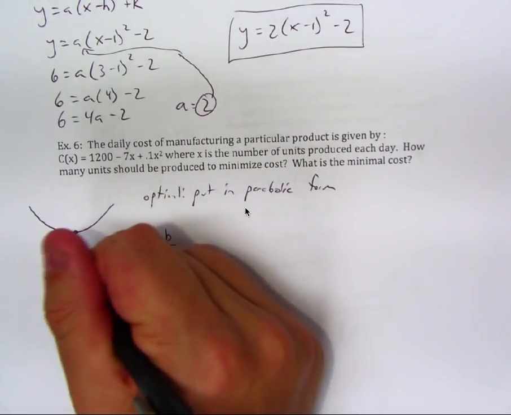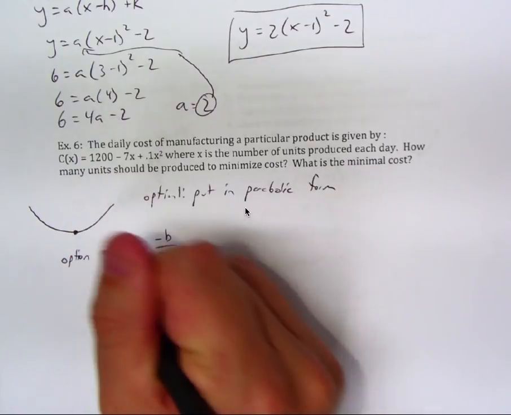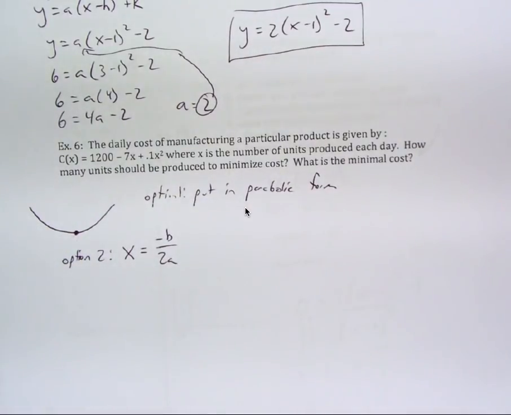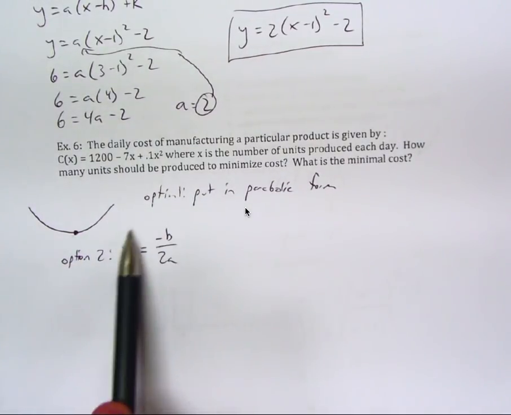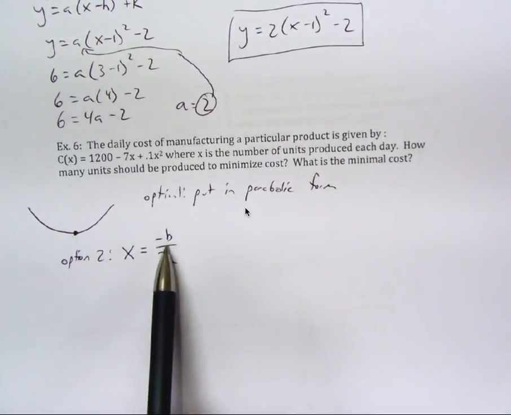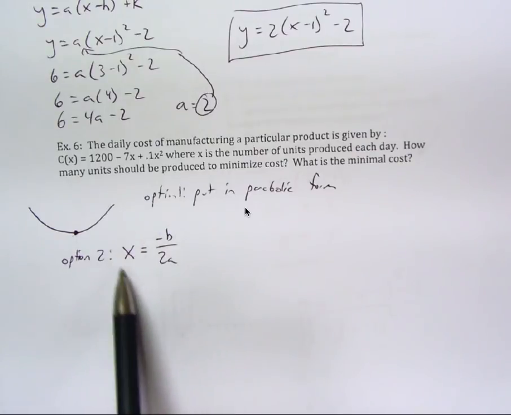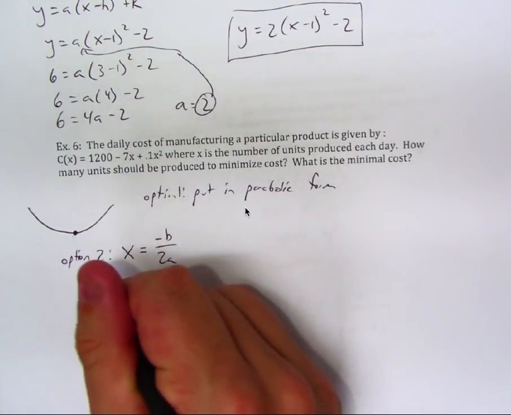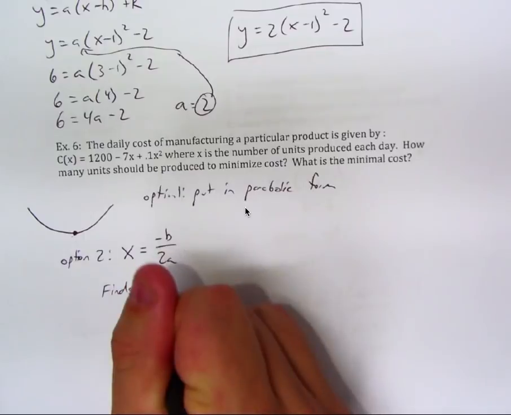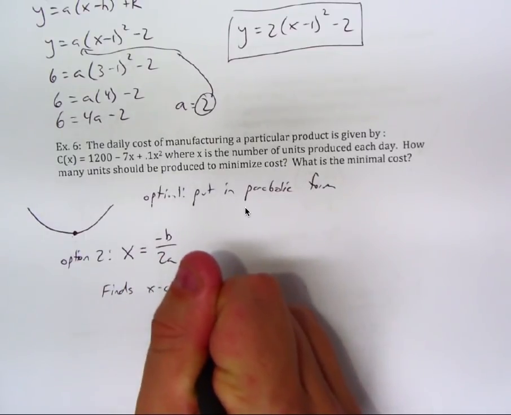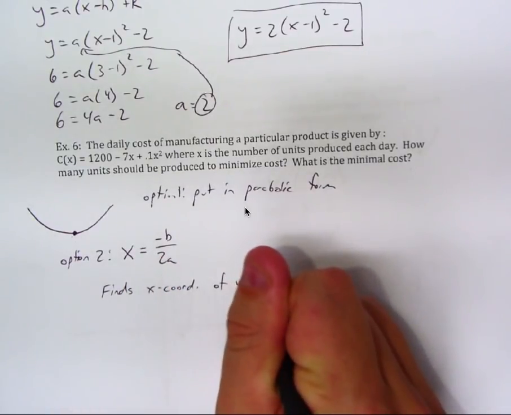Here's option two, and I don't care how you do it. This little formula is basically the quadratic formula without the radical part. This finds you the x-coordinate of the vertex, which is what we're after.